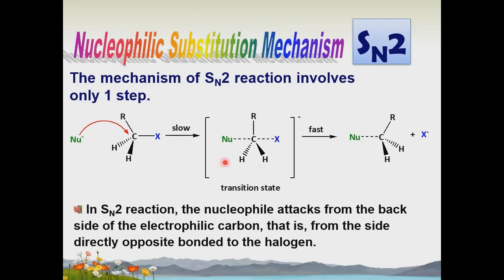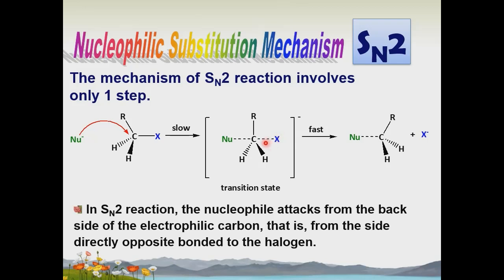The first part here is a slow reaction, and then the transition state will move fast to the product, whereby the halogen acts as a leaving group. Being more electronegative, it is a good leaving group.